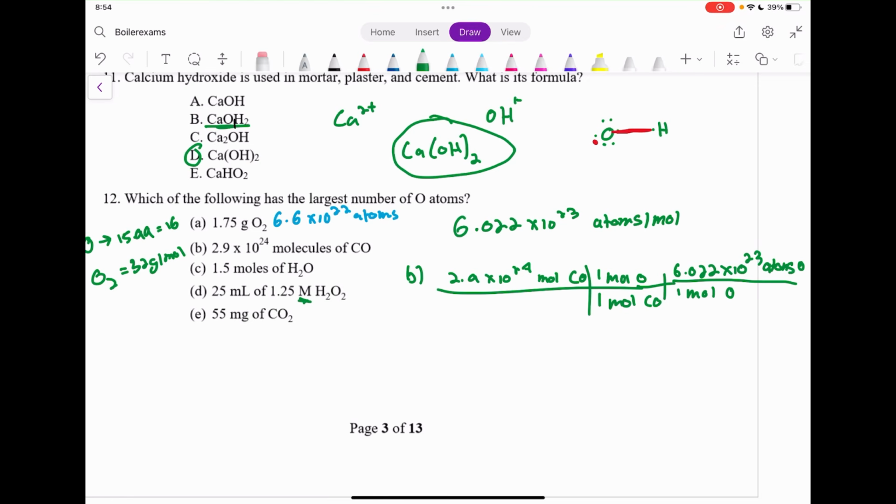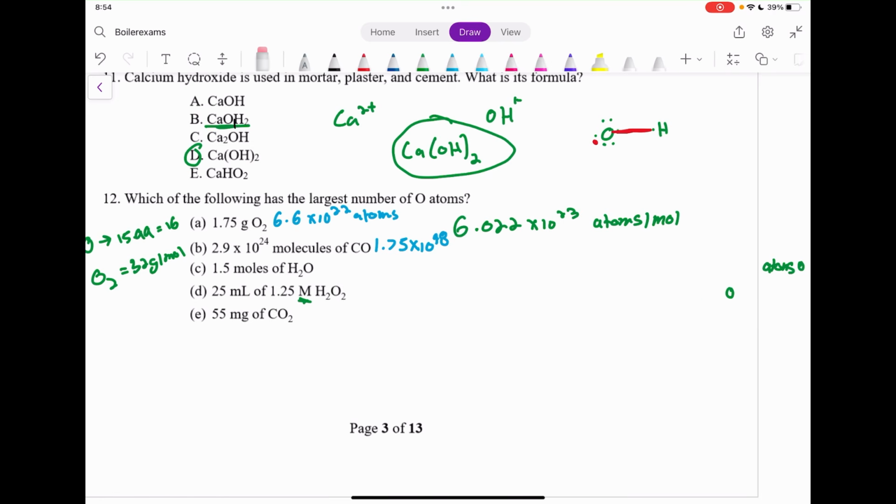Okay, multiply the top, divide by the bottom. I got 1.75 times, oh, wow, that is way bigger. Did I do that right? Yeah, that looks right. As you can tell, that one's way bigger.